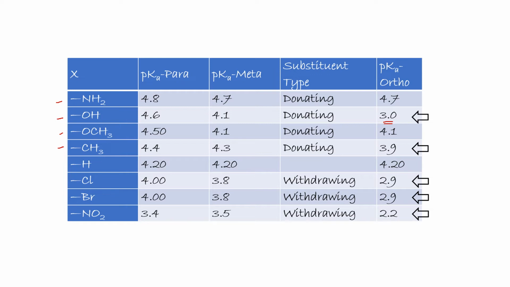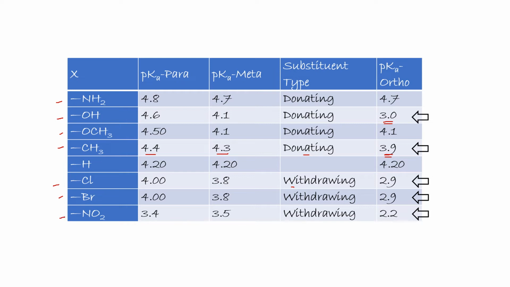For the methyl group, here is 4.4, 4.3. It's donating, but here again also is more acidic. Okay, let's go to the chloro, bromo, and nitro. These are withdrawing groups.